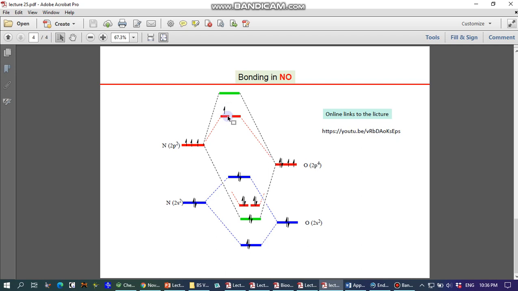In this case, since the unpaired electron is in an anti-bonding molecular orbital, whenever one nitric oxide comes closer to another one, they have to share this half filled orbital, which has one electron from one side and one electron from the other side. But the problem with these electrons is that they are in a high energy orbital, and these high energy orbitals are unable to combine with each other.